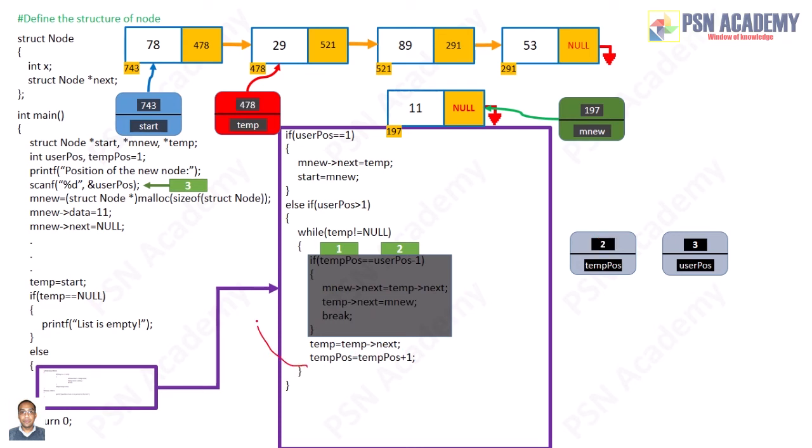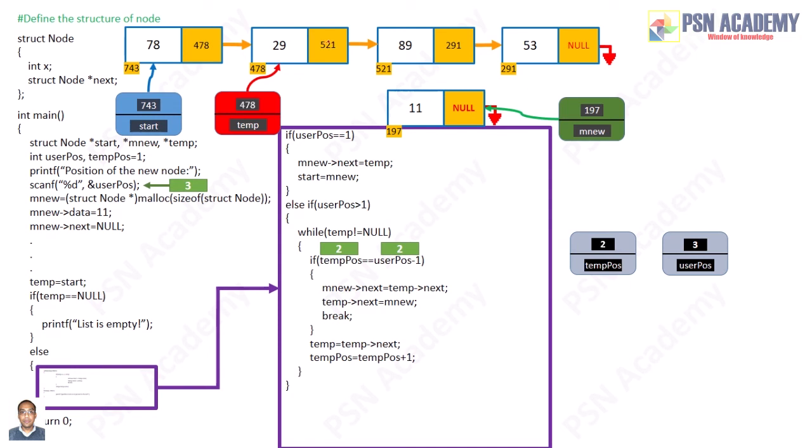Now you get back to run the loop again. Why? Because temp is not null yet. Now temp pos will become 2 now. Now 2 is equal to 2, so it matches. So the if condition fires. And within the if condition, what is written? mnew next equal to temp next.